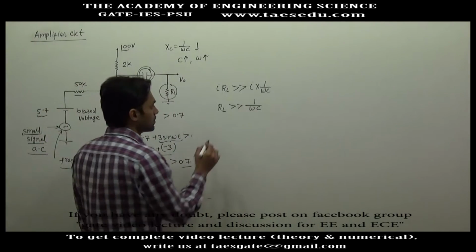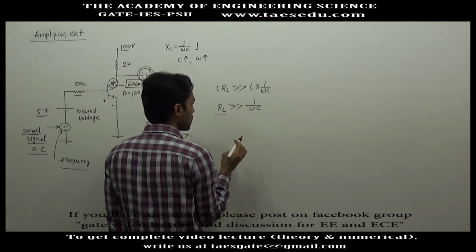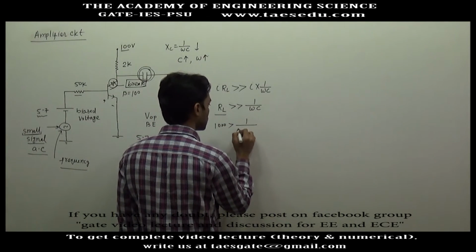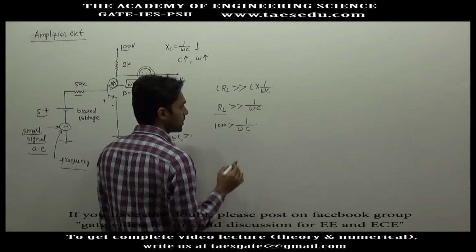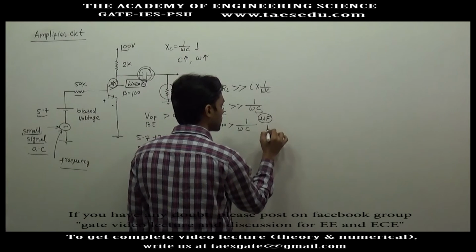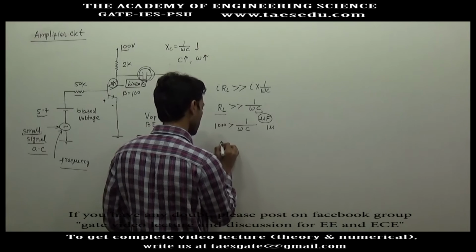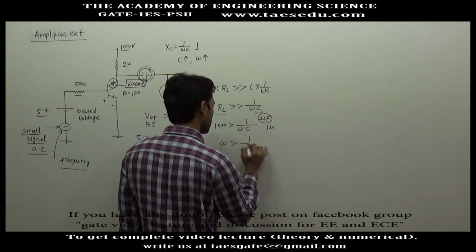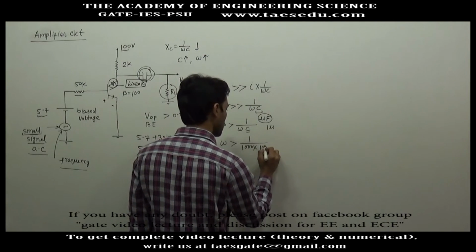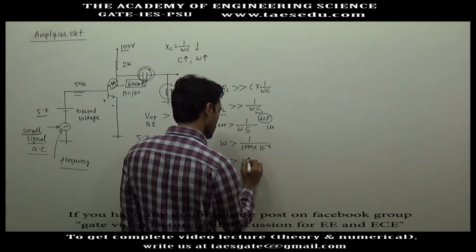Now normally the value of RL is in kilo ohms, so let's take it as 1 kilo ohm. 1000 ohm must be greater than 1 by omega C, and the normal value of a capacitor is in microfarads, so let's take it as 1 microfarad. So omega must be greater than 1 upon 1000 into 10 to power minus 6, so omega should be greater than 10 to power 3.